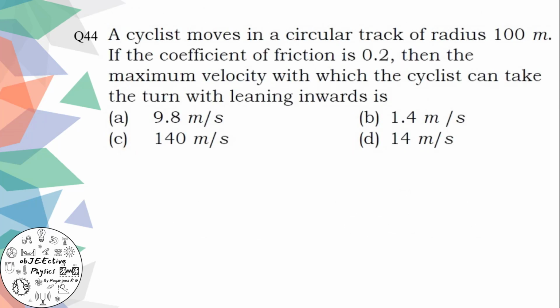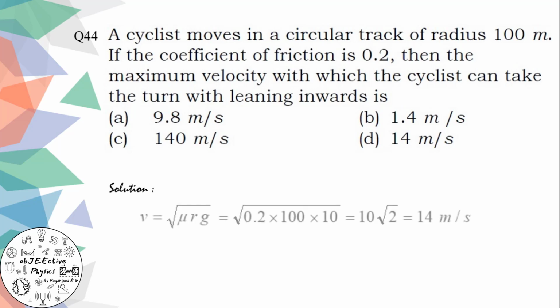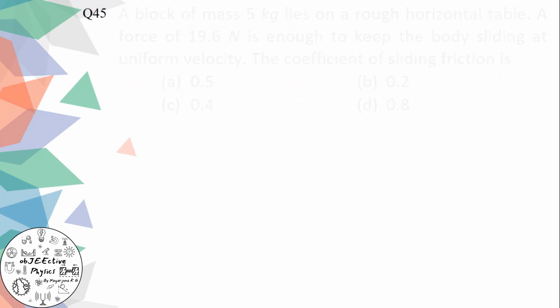44. A cyclist moves in a circular track of radius 100 meters. If the coefficient of friction is 0.2, then the maximum velocity with which the cyclist can take the turn without leaning inwards is. Solution: v is equal to square root of mu r g, that is equal to 14 meters per second. 45th question.